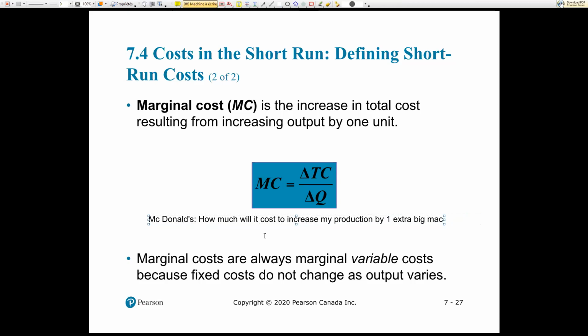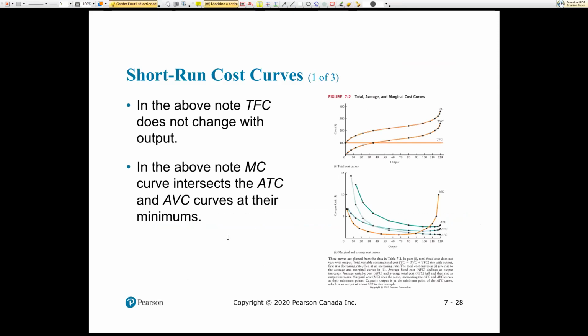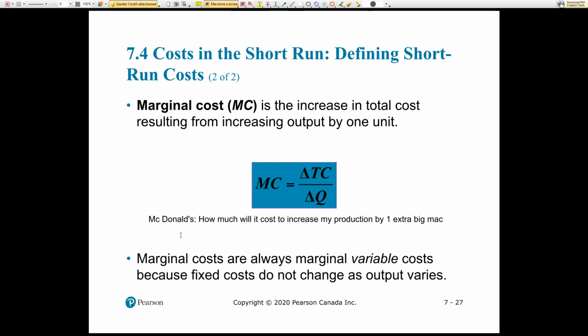Well, I'm in the short run, so the only thing I can do is hire an extra worker. So it's going to be similar as before. So imagine the only thing I can do is hire more workers. My total cost in wage is wage times the number of workers.